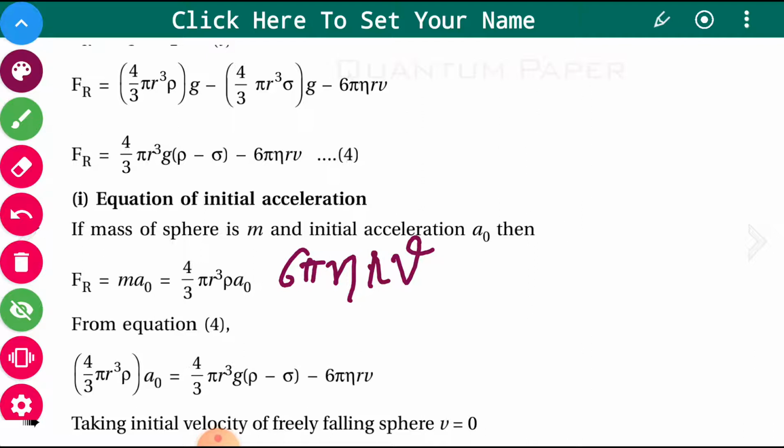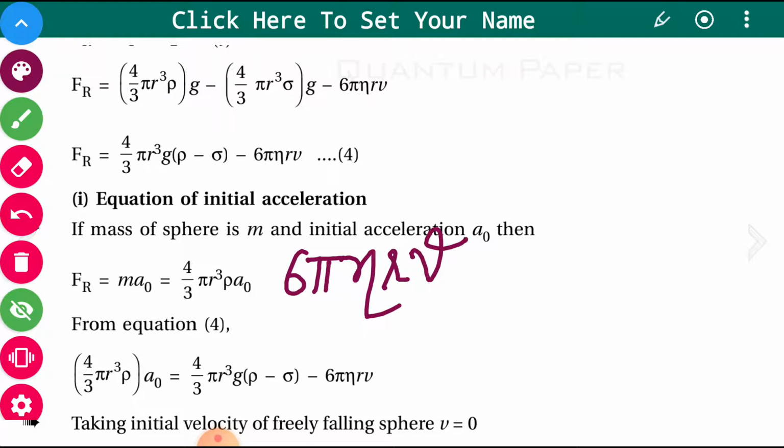If this force and F1 minus F2 are both the same, then, try to understand, the resultant force can be written as 6 pi eta r v.